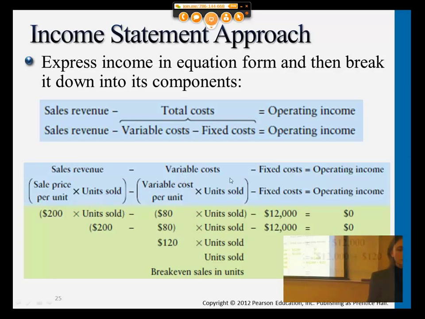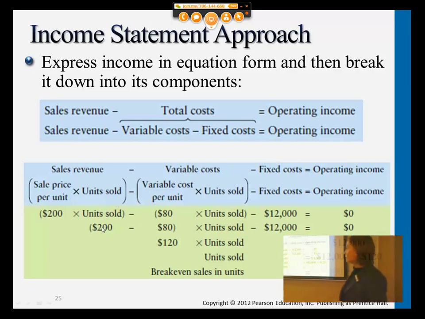The next part is the variable cost. Do you remember we calculated the variable cost was $80, okay? And then again, we need to know how many units we need to sell so that we break even, so we're going to leave it as units sold. And then the fixed cost we know is $12,000, and operating income is always 0 when we're calculating the break-even.